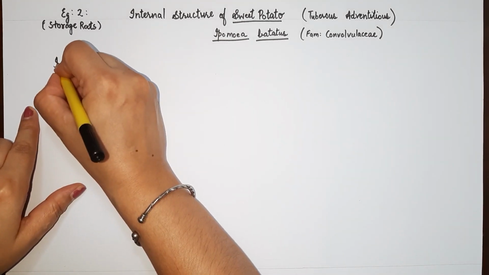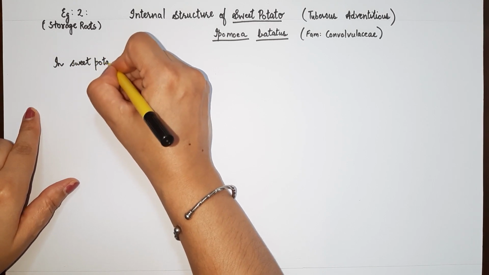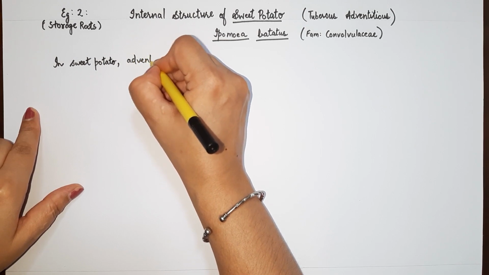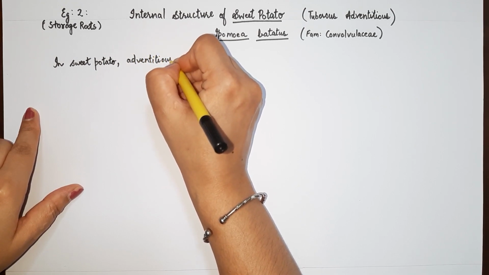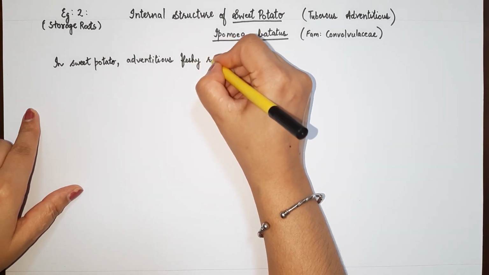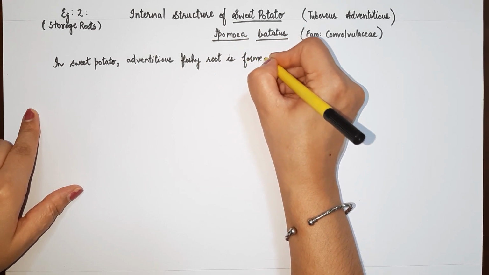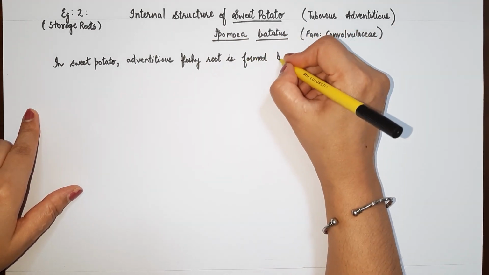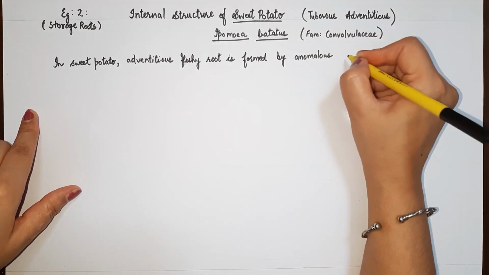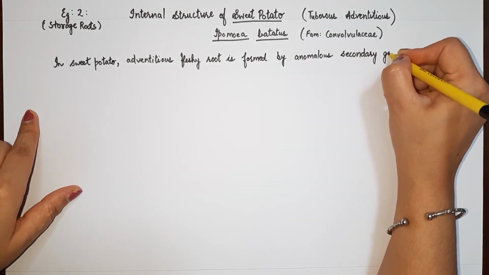So, in this case, adventitious fleshy root is formed by anomalous secondary growth.